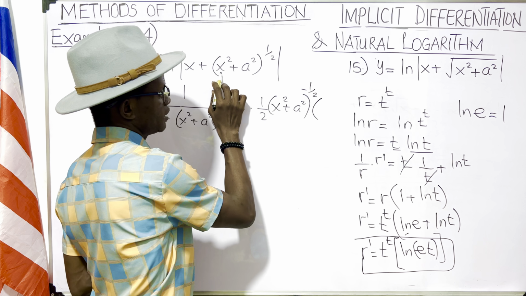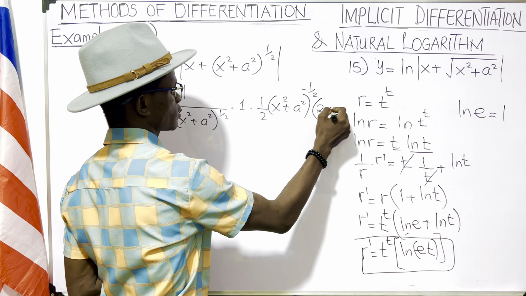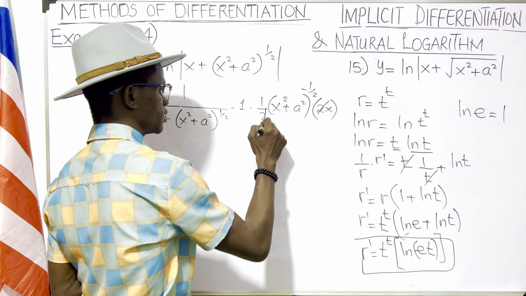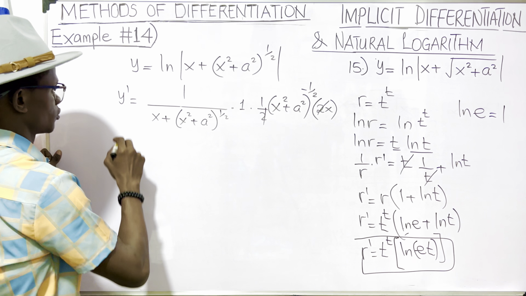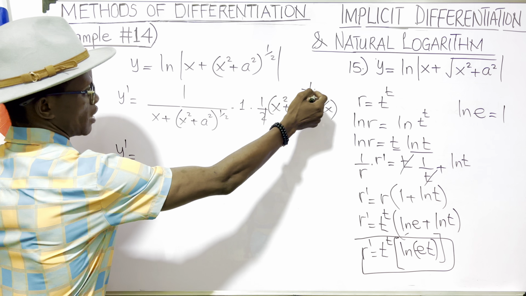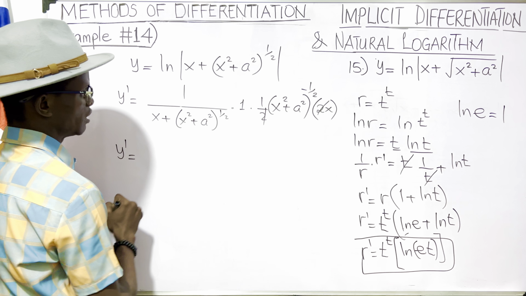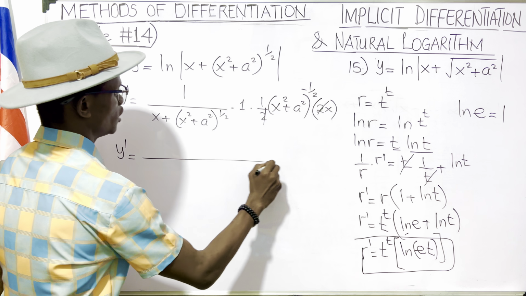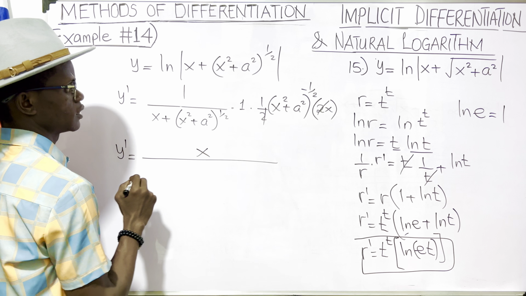Then we differentiate inside. The derivative of x squared is just 2x, so this 2 cancels that 2. Because this power is negative, it goes down in the denominator, so in the numerator we just have x.